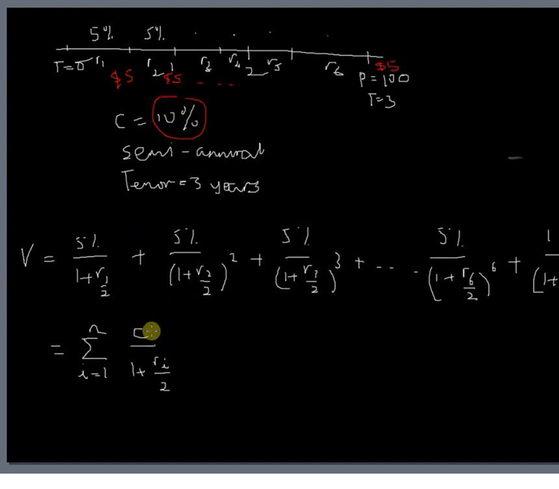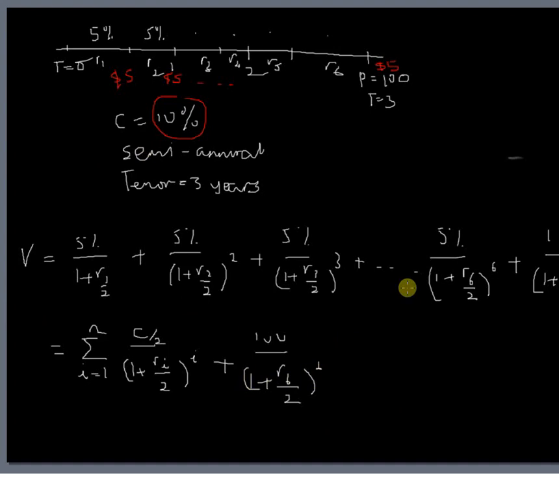Maybe I should divide C by 2 to make it even clearer, because C is 10%, so divided by 2 is the 5%. So this expression sums up all these coupon payments, plus 100 over 1 plus R6 over 2 to the power of 6. So this is the expression for calculating the value of the bond today.